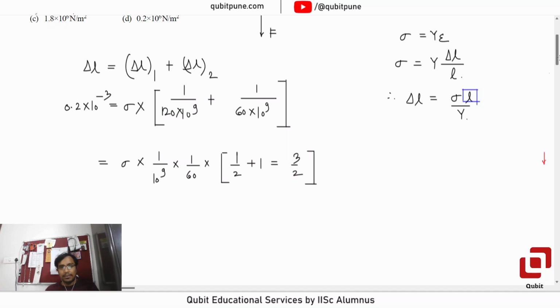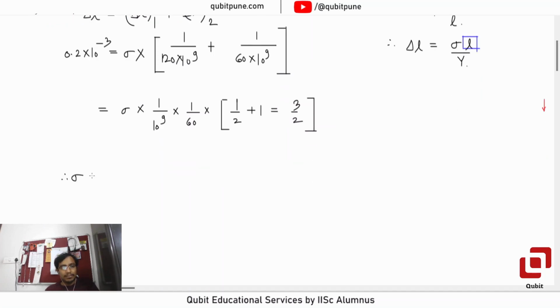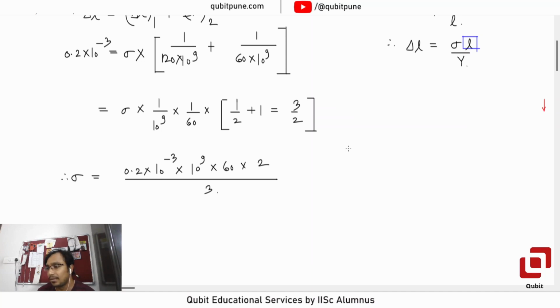So how much will sigma be? 0.2 into 10 raised to negative 3 into 10 raised to 9 into 60 into 2 upon 3. Raise your hands if you have understood this. Okay, fine. Now what remains is simplification.